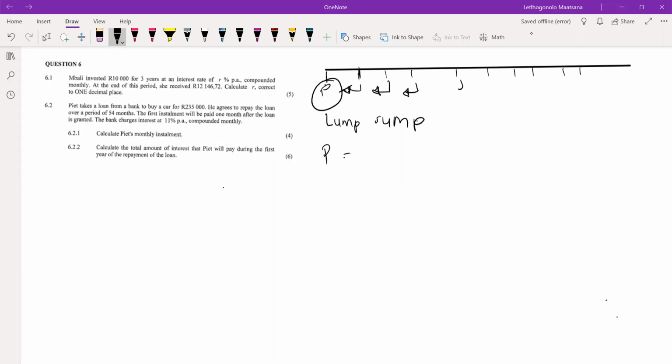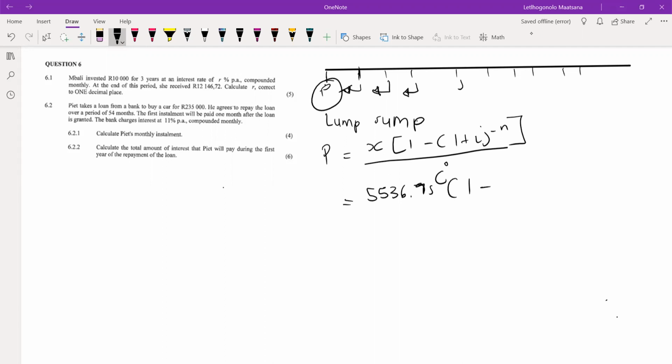So we have P is equal to x times (1 minus (1 plus i) to the power of negative n) over i, and we're going to calculate this lump sum that Pete now needs to pay, using 5,536.95, with 0.11 over 12 for 12 months, divided by 0.11 over 12.